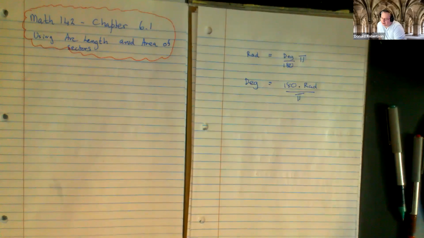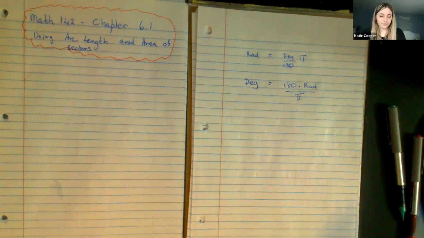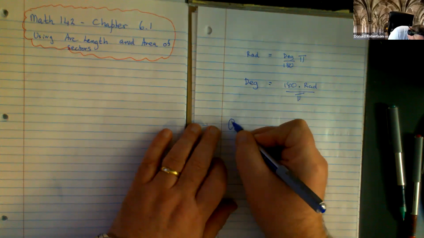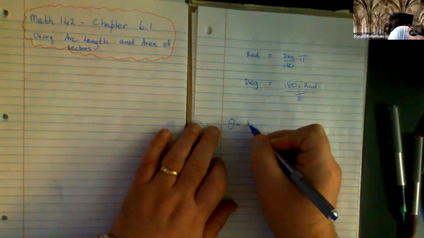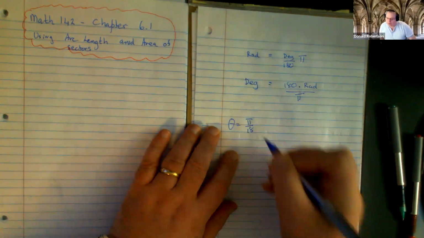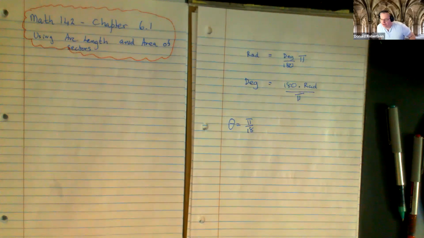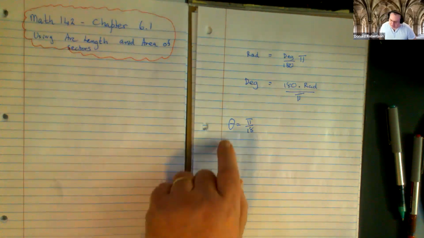You see what she said there? Okay, so take an example. Suppose I tell you that the angle is pi upon 18. You won't find that in your unit circle. I mean, if it's in the unit circle, couldn't you just cheat and look at the unit circle and get the answer easy? But suppose it was pi upon 18.